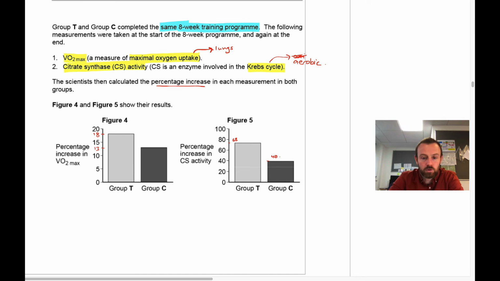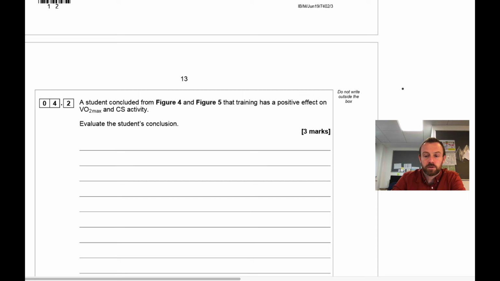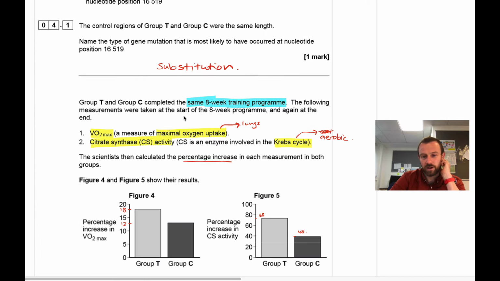Okay, what is the actual question they ask? Okay, down here. 4.2. A student concluded from both figures, 4 and 5, that training has a positive effect on VO2 max and citrate synthase activity. This looks to me to be more points for than against.